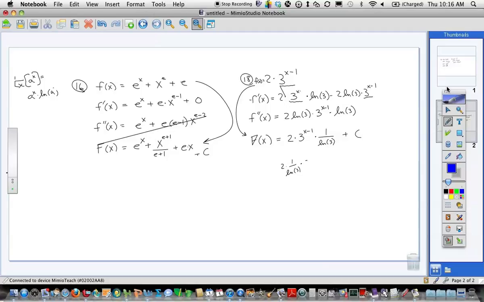And then when I do the derivative of this, I'll get 3 to the x minus 1. And then I got to remember to tack on an ln3. And sure enough, those would have canceled, and I'd have ended up with what I needed. And that kind of makes sense. You'd think, well, the derivative rule says you got to tack on an ln(a). So maybe the antiderivative, since it's going to reverse, would mean you divide by an ln(a). And that's really what we did there.